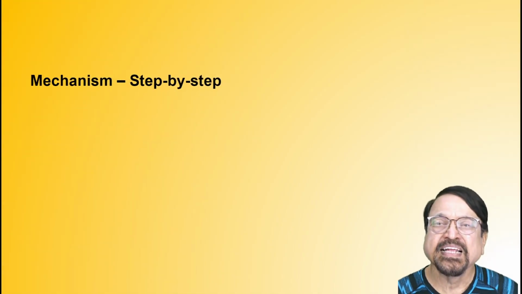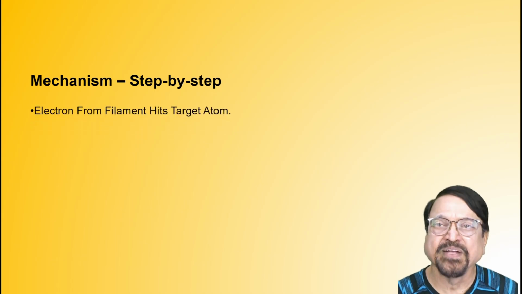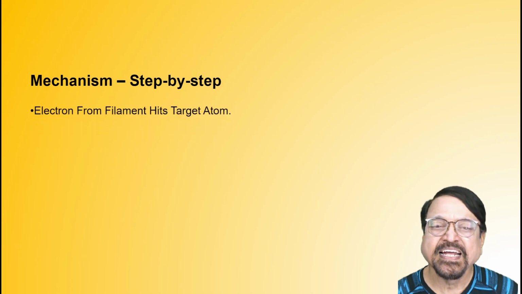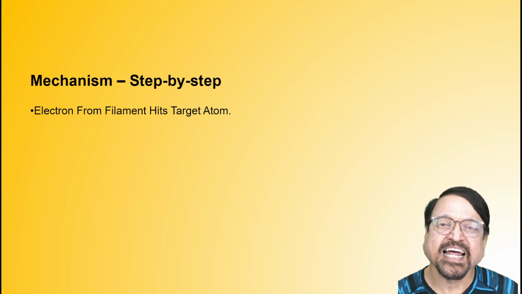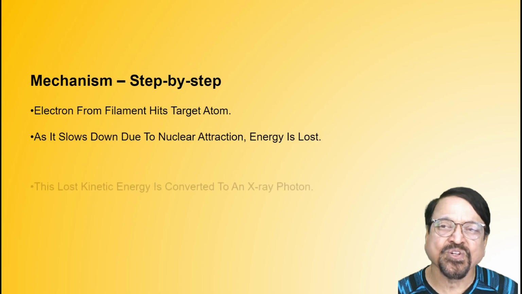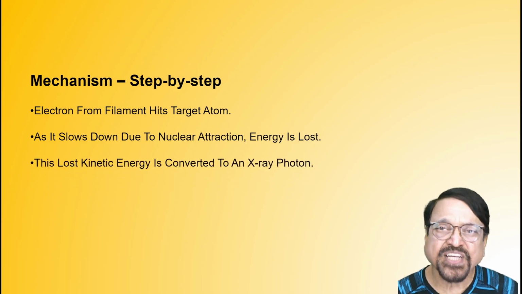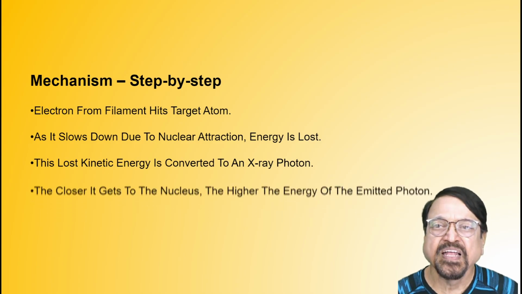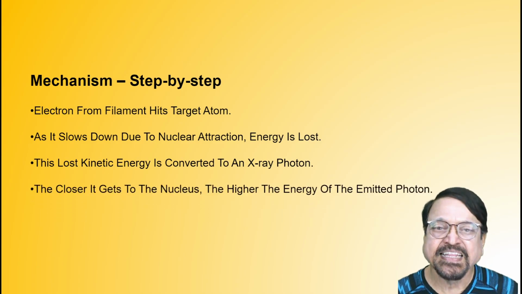Now let's continue this mechanism. We are going step by step. The electron from the filament hits the target atom. What forms the target is tungsten. As it slows down, due to nuclear attraction, energy is lost. This lost kinetic energy is converted to an X-ray photon, because energy can never be created or lost.